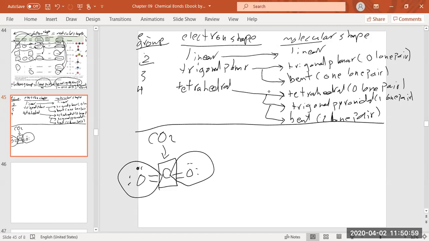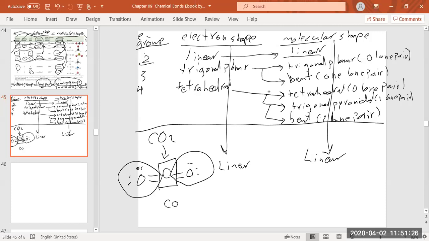So the electron shape will be linear. Molecular shape, what is it? We have one possibility. When we have two groups of electrons, it will be linear also. So it will be linear.